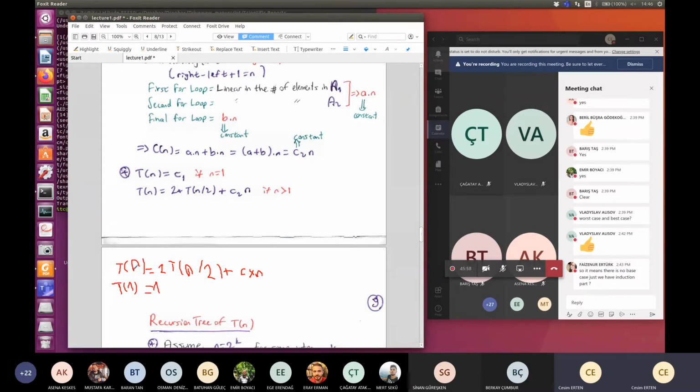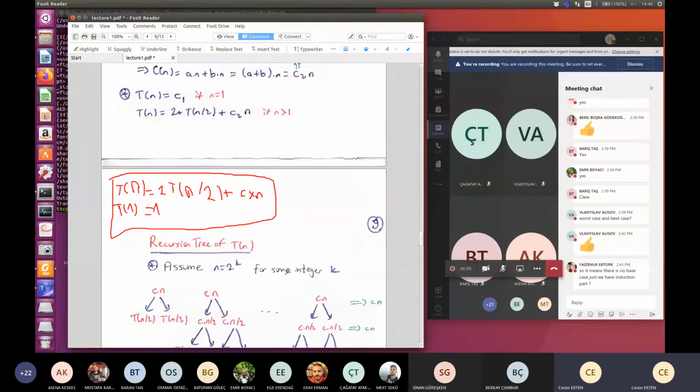How can we solve such a recurrence? How can we find a closed form formula for such a recurrence? One way to do this is to work with a recursion tree.